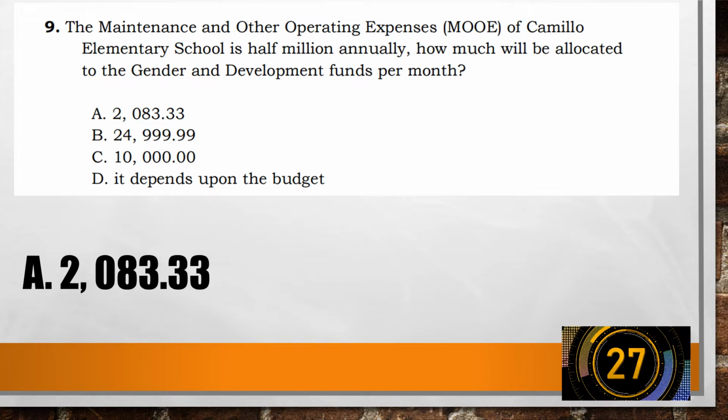However, the question is how much will be allocated monthly. So therefore, we have to divide 24,999.99 by 12 months. So the result would be 2,083.33. That is the budget of the Gender and Development monthly allocation coming from the MOE. Okay?